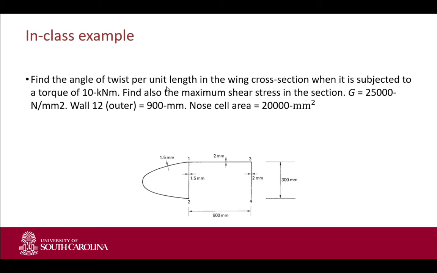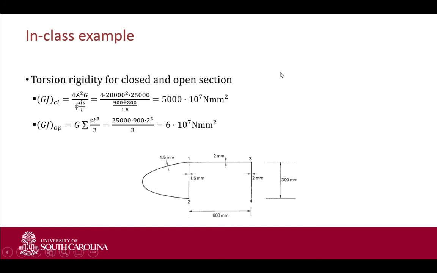When we calculate our torsion rigidity, we multiply by G to take that into account. On one side we have 4 times the enclosed area squared, given as 20,000, multiplied by G, and the ds over t of this closed section. This segment is 900 and this segment is 300, so 900 plus 300 over 1.5.